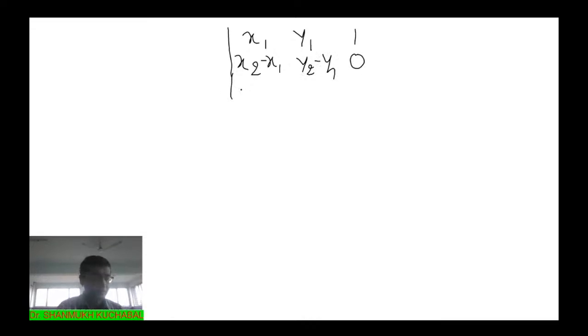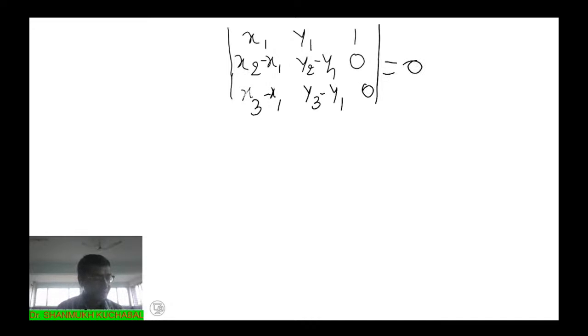So we get x1, y1 1, x2 minus x1, y2 minus y1 0, x3 minus x1, y3 minus y1 0 equal to 0.